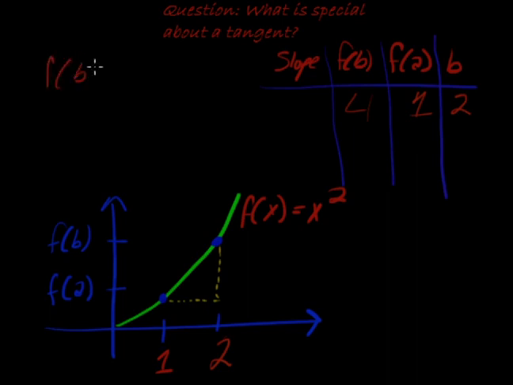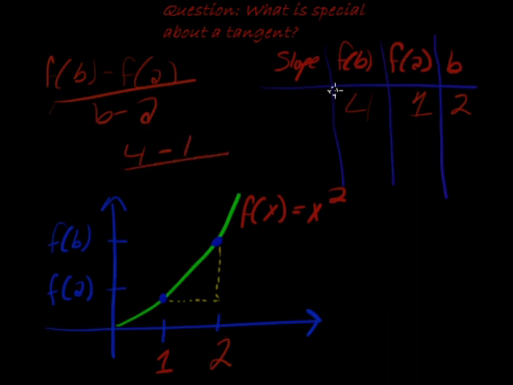So the slope: f of b is 4, minus f of a, which is 1, all over b, which is 2, minus a, which is 1. So that's going to be 3 over 1, which of course would just be 3. What about when b is 3 halves? So now I'm going to move a little closer.